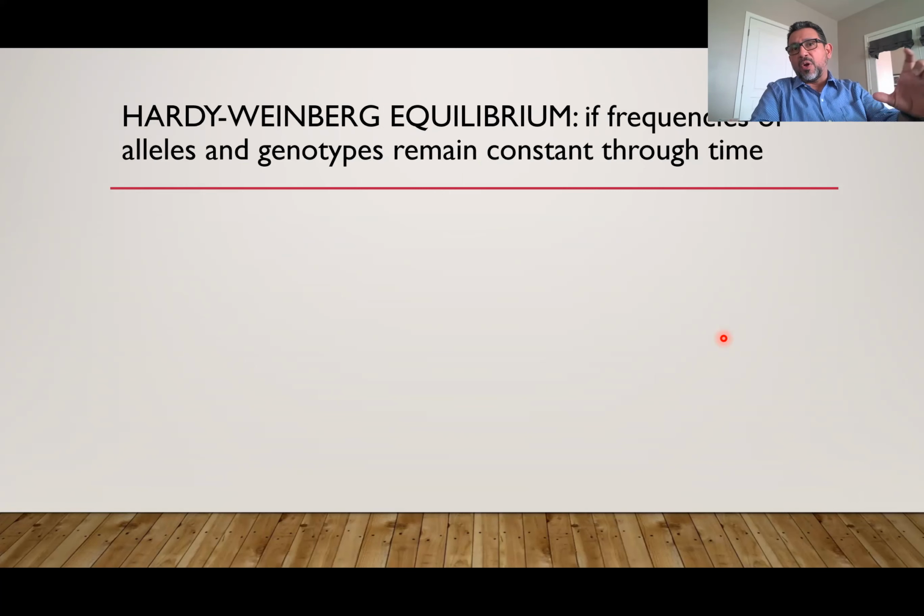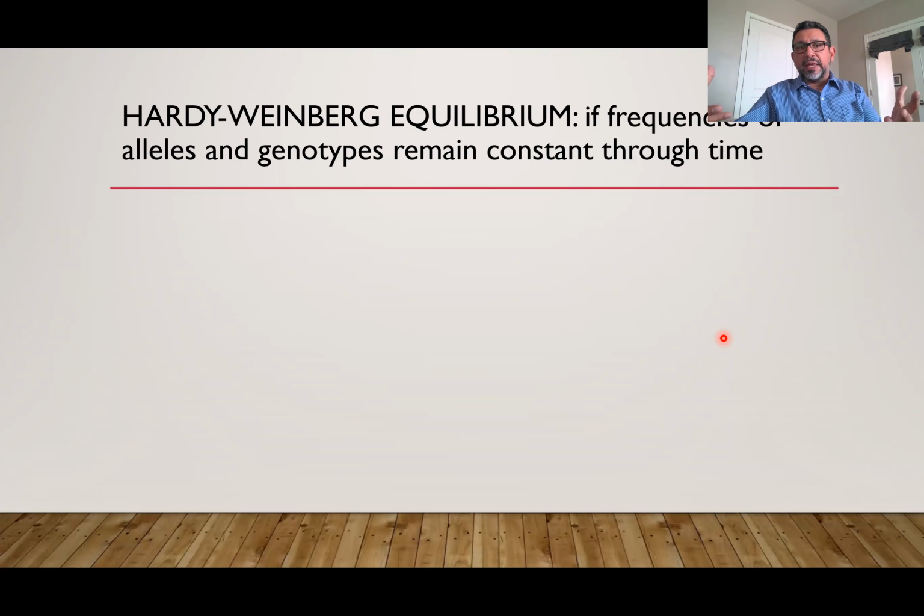The alleles that are always more frequent remain frequent in larger proportions, and those alleles that are less frequent keep their low frequency. If there's no change in the gene pool, then you can say the population is at Hardy-Weinberg equilibrium. Think about it as a question that has two possible answers.